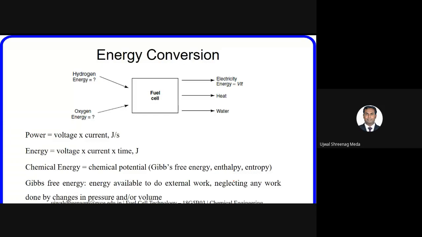The non-usable part is entropy, the usable part is Gibbs free energy. So it is the energy available to do external work, and here any work that is carried out because of change in pressure or volume is neglected. So that is how the Gibbs free energy is defined.